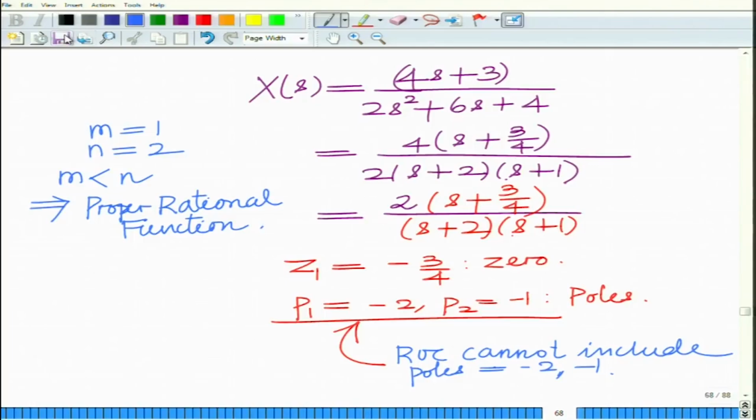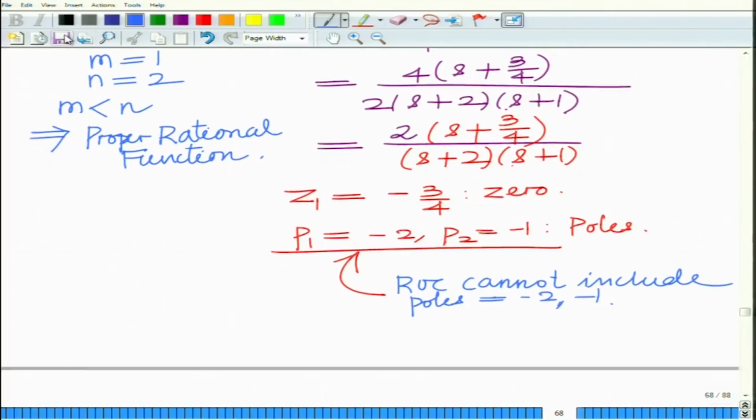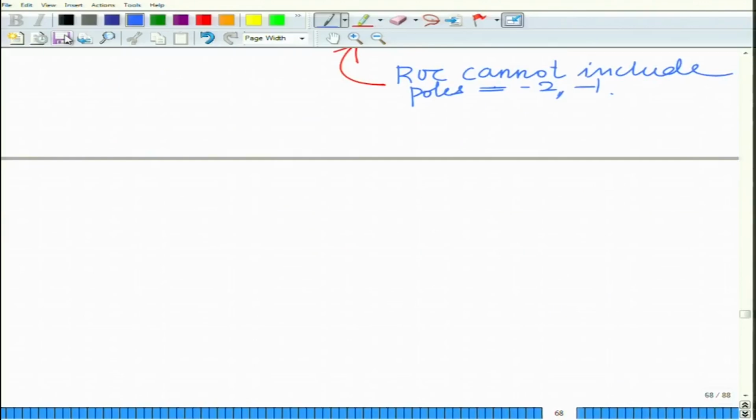So, what we have just solved as an example is a proper rational function.